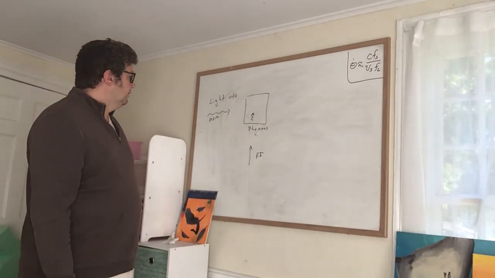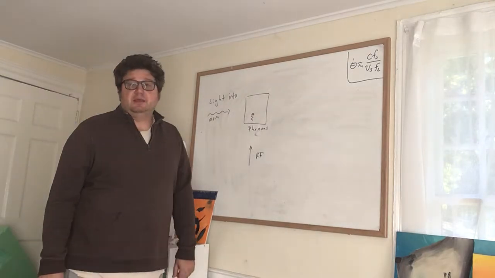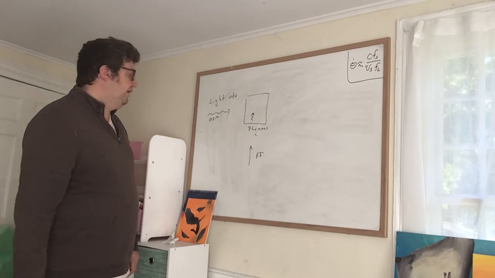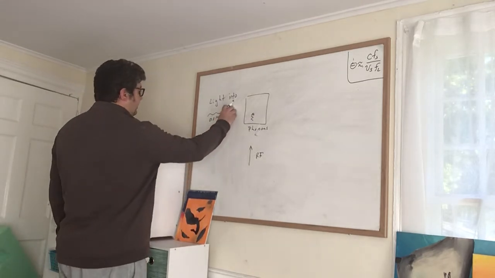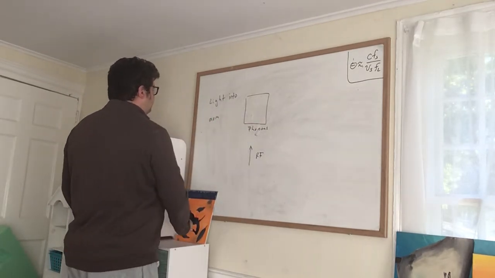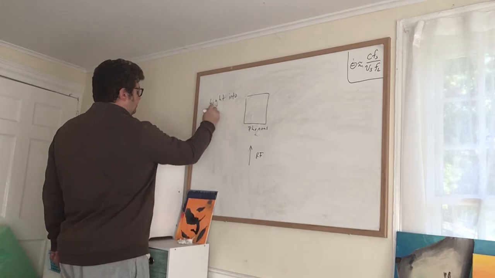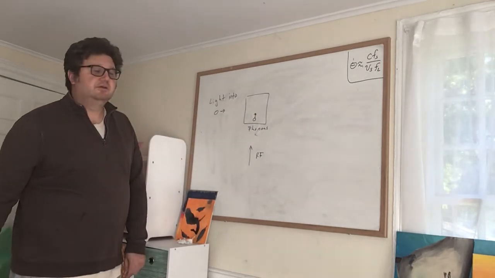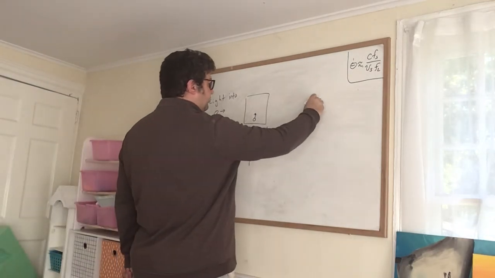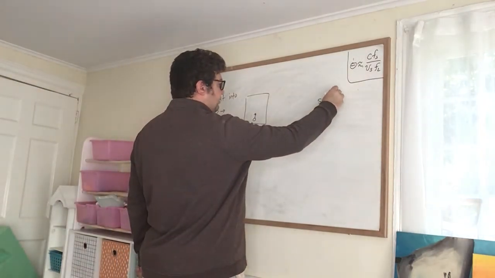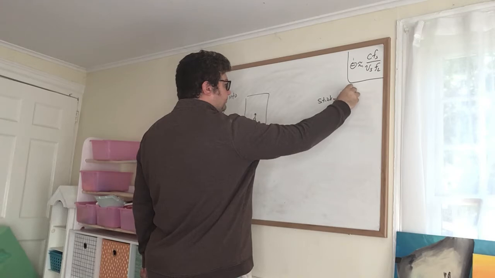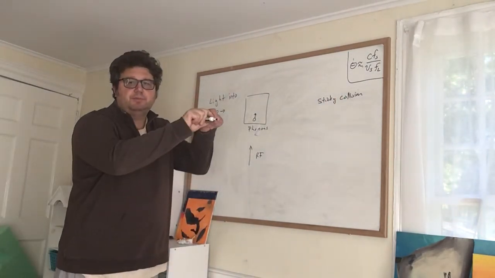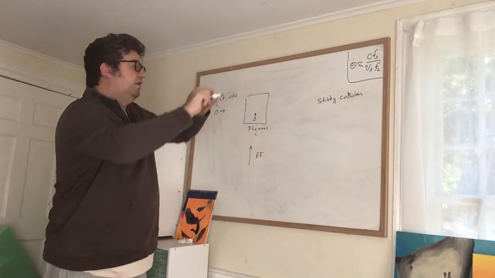Okay. So here's where it gets wacky. Instead of thinking these things are waves, let's now think of them as particles. And they have a sticky collision. So they collide, boop, and then they move off as one.